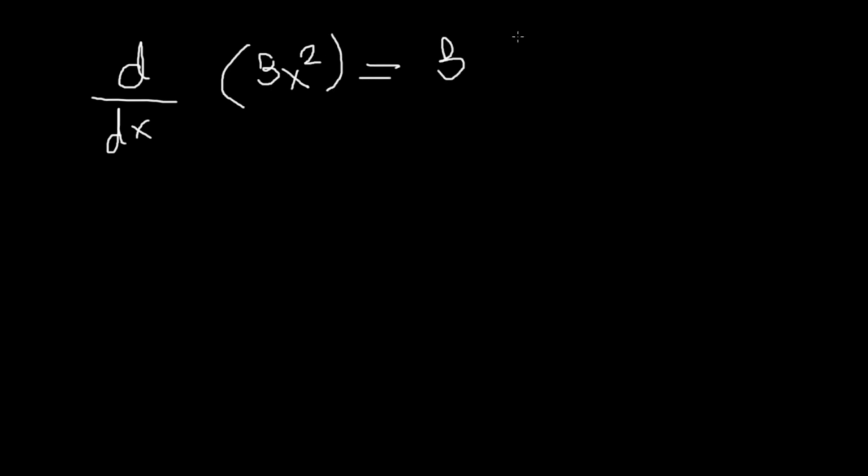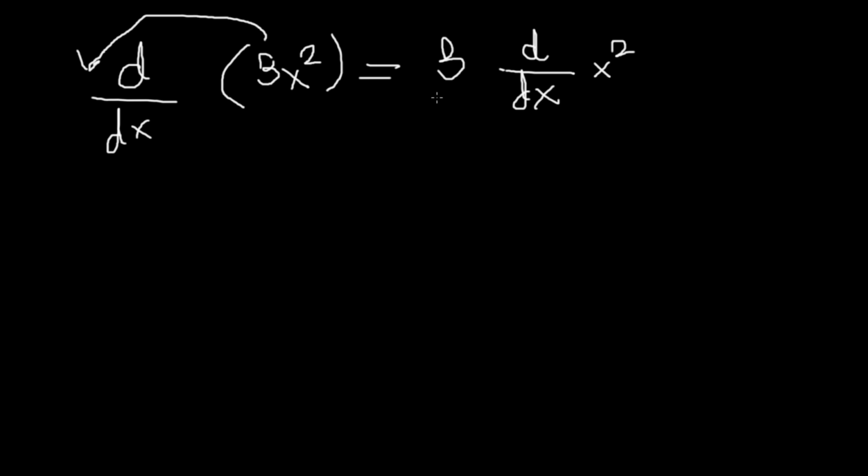Another thing you need to know is the scalar rule. Let's say you're finding the derivative of 3x squared. This is the same as 3 times the derivative of x squared. You can just bring the coefficient into the front.